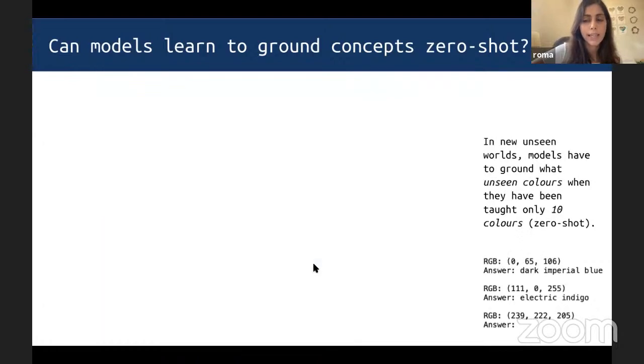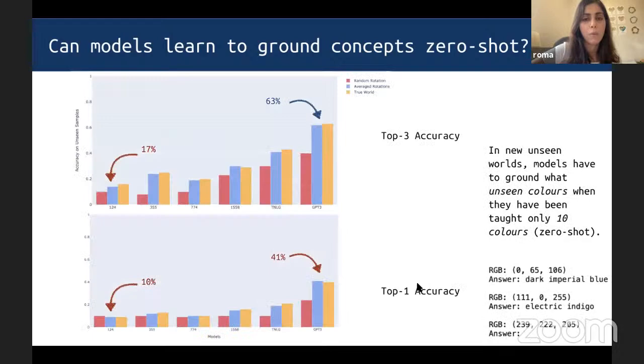When we look at the color setting, so over here, in a similar way, given an RGB world that we have, if we teach the model maybe some number of samples of colors in that world and then test it on the remaining colors, for example, this RGB code over here, and we want the model to generate a name, we actually see quite a promising increase in performance of the GPT-3 model over the others, where the model, even in the top 1 accuracy, still gets about a 41% accuracy in predicting colors, which is actually quite a hard task, as we'll go over in some examples later.